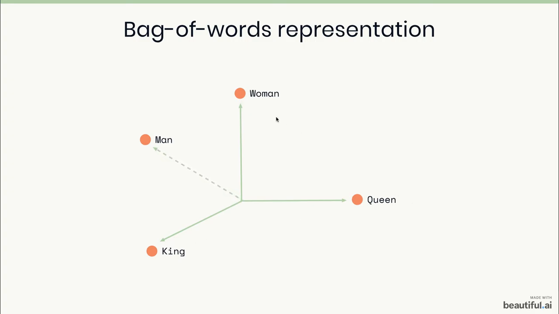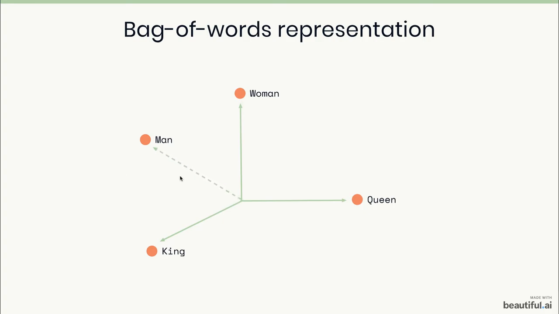They are lying in different dimensions of this space. So we don't see any correlations between king and queen, like the kind of royalty correlation, and we don't see the gender correlation between man and woman, or woman and queen both being women, and man and king. We see none of that in this representation.